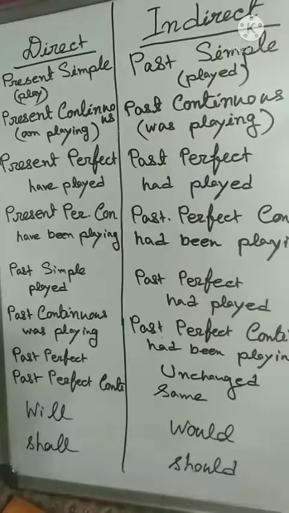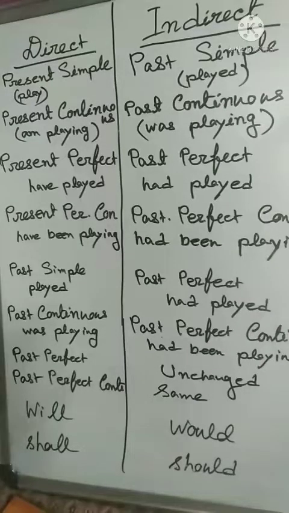See, Sheila said, I had never seen him before. That is past perfect. And the indirect speech will be Sheila said that she had never seen him before. It is unchanged. You can see past perfect on the board. The past perfect will not change.